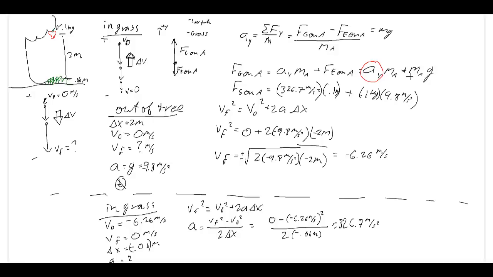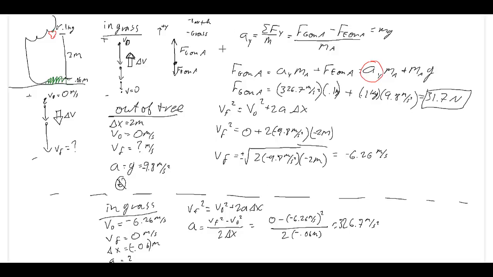Could you have factored out the mass here and just had a plus g? Sure you could. This will give us a final force of 31.7 newtons that the grass exerts on the apple.